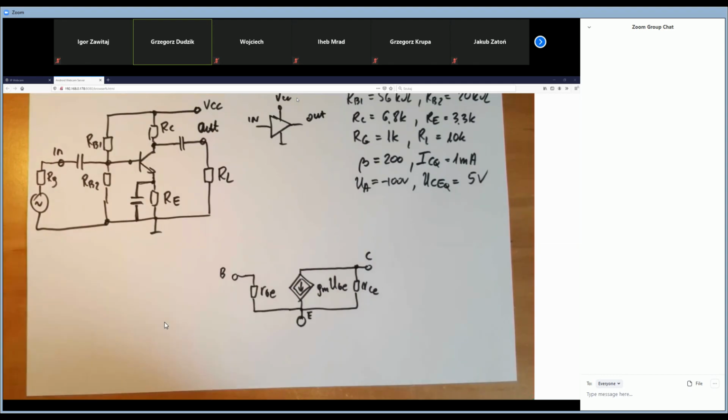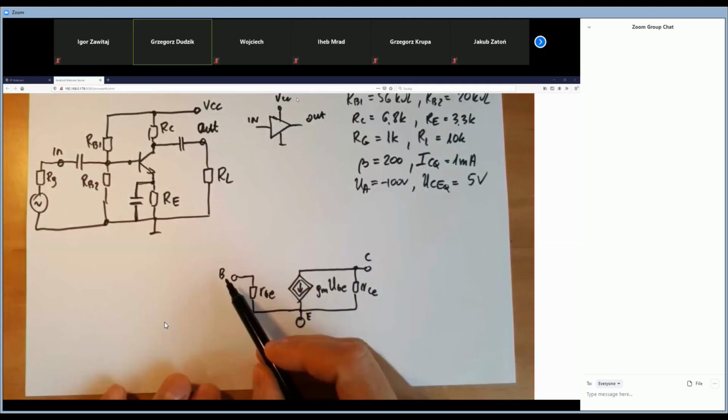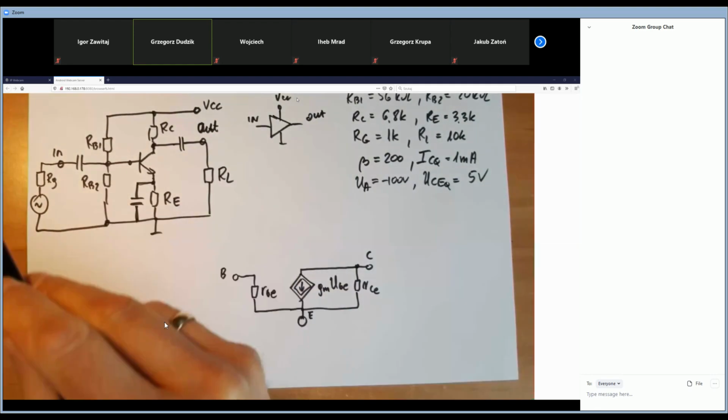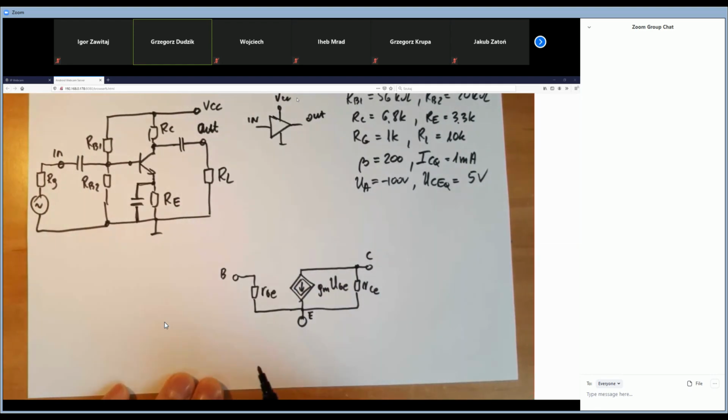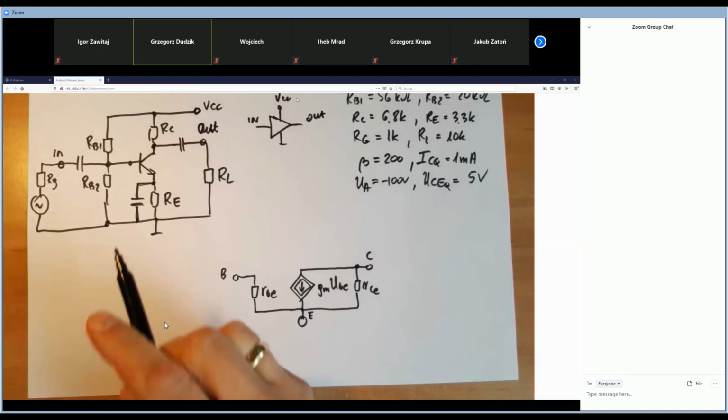And now for the AC signal, I have to connect the rest of the components. But we have to be very careful, because the capacitors in this case are like a short circuit for the AC signal, because they have huge values.